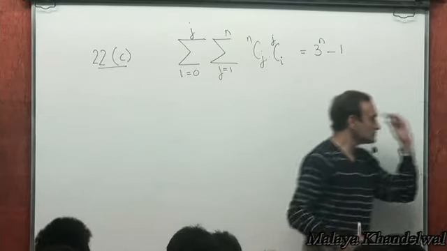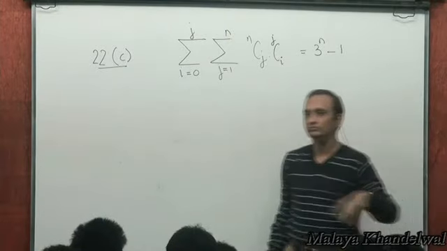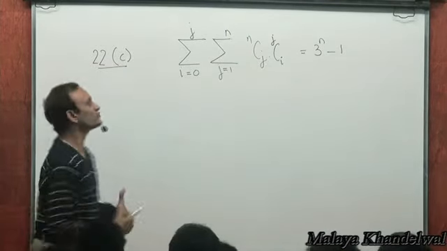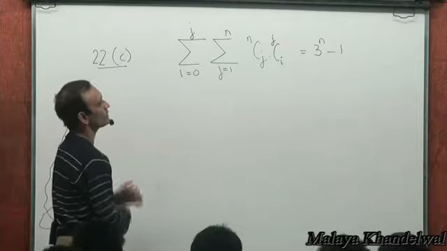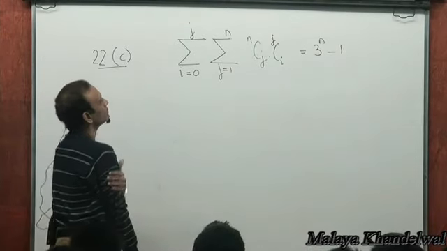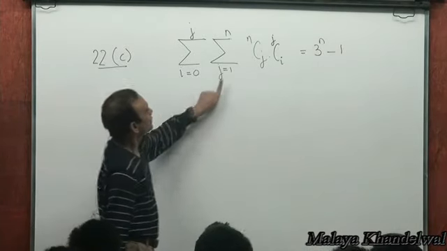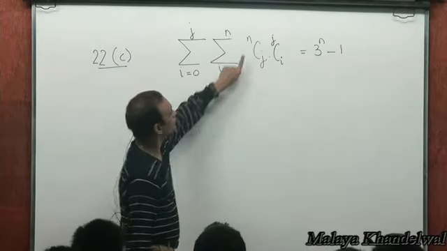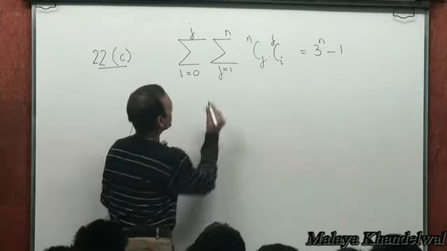Now, it is almost self-explanatory what this notation is all about. See, we take j equal to 1. This will become nC1.